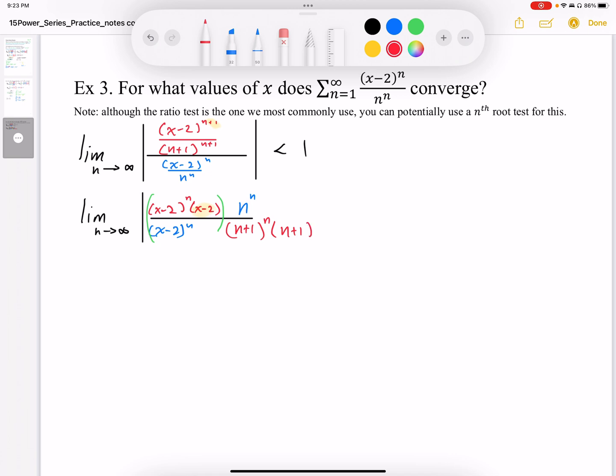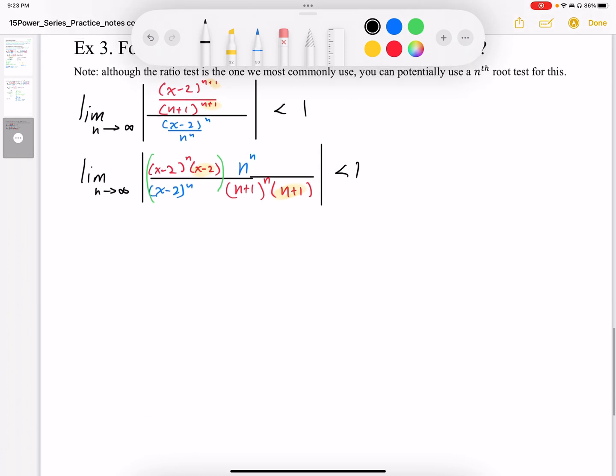And again, this plus 1 is showing up as that factor there. And we want that less than 1.